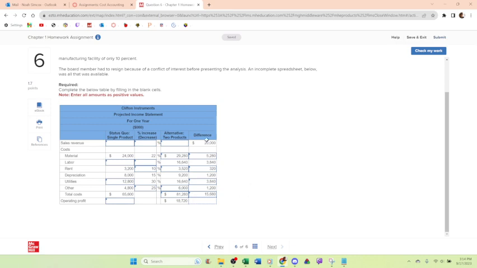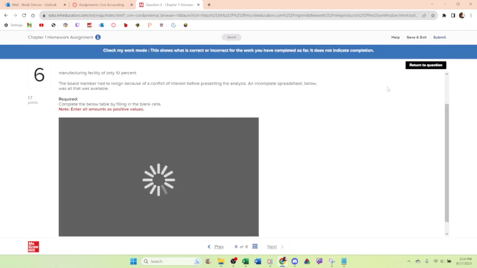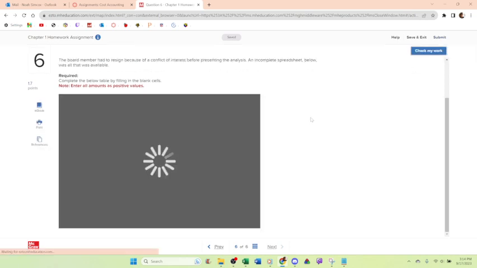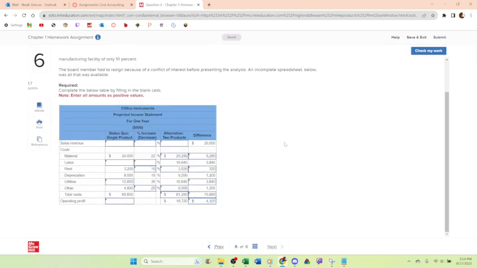Oh, yes, we can. We already have the differences, and we can use that difference to calculate all the rest of the numbers. So we just need to do this minus this. 4320. So that's good. So we can now finish the chart.